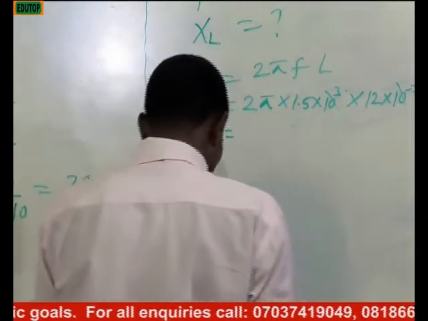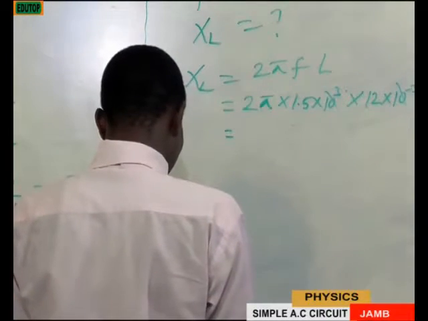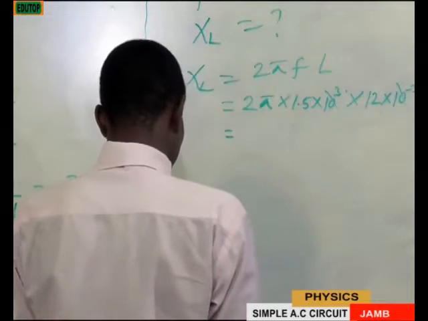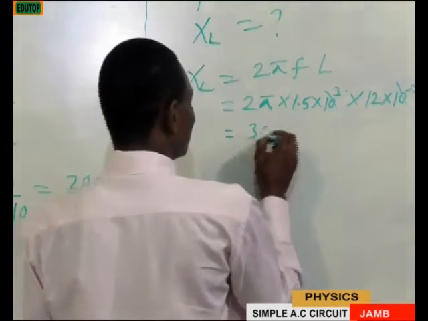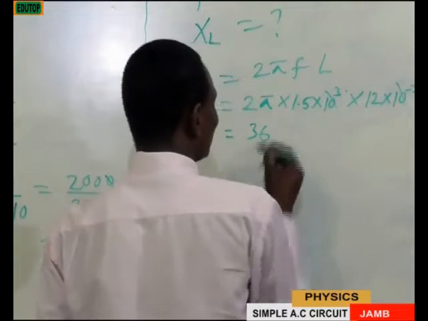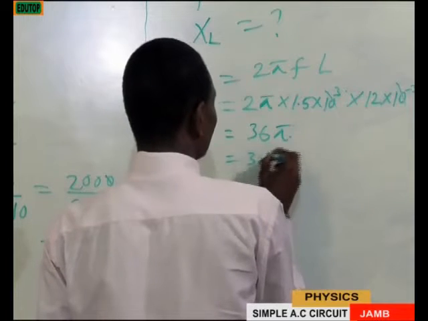Let's see what will be the value of 2 times 1.5, then times 12. This is 36. 2 times this will give us 36 pi.